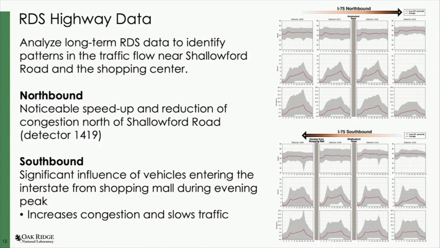Basically, you get volumes and occupancy and speeds from each of the sensors. If you look at the northbound versus southbound, you can see a reverse diurnal distribution between the two. It looks almost like a mirror image, not quite. Again, the red line's the mean, and gray is the variation of speeds and volumes that you can see.